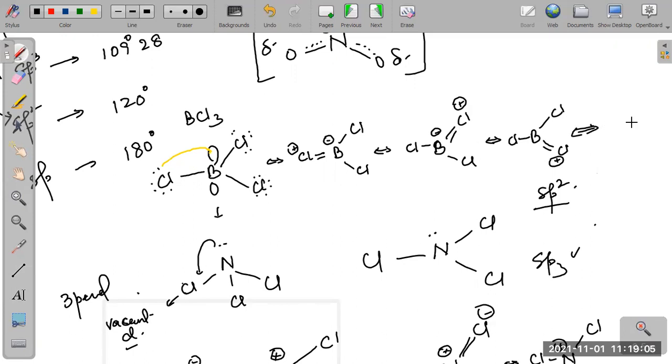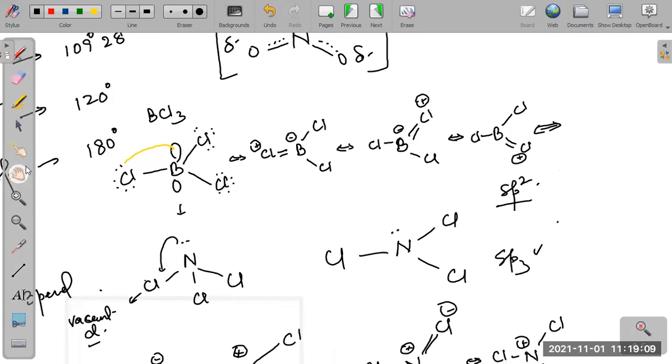The hybrid is going to look like boron, Cl, Cl and Cl.